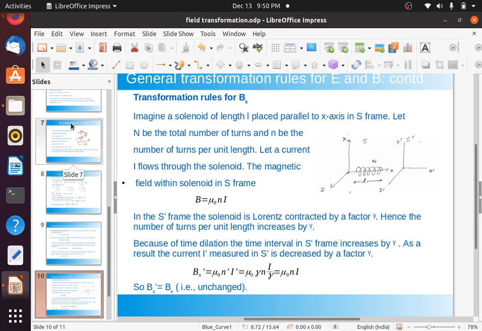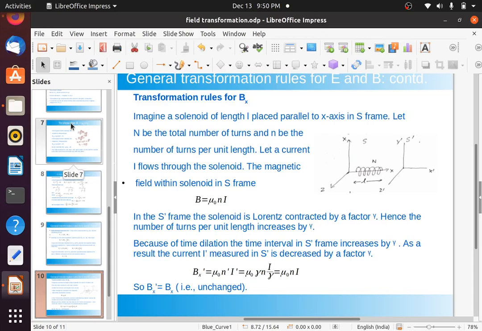As a result, the current is modified, it decreases by a factor gamma, because greater time is there for the charge to flow, so that net current decreases. So I by gamma is the new current, I dash is equal to I by gamma.